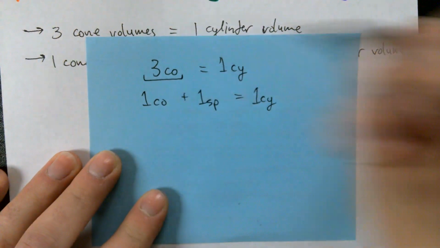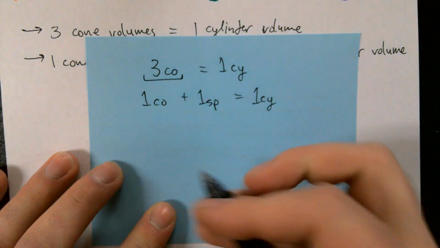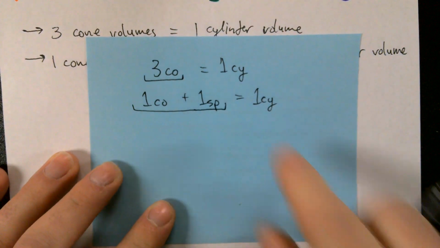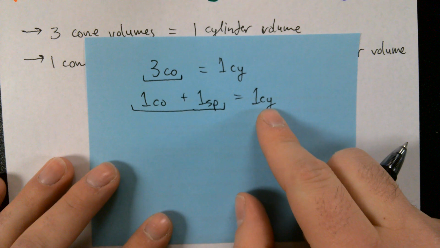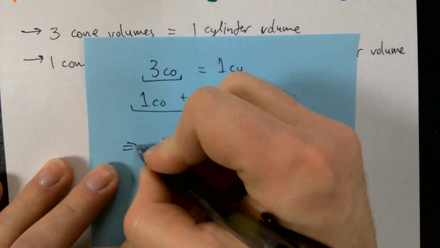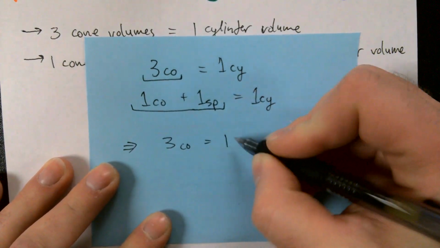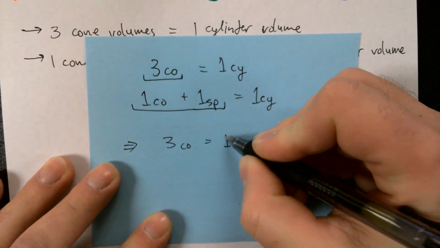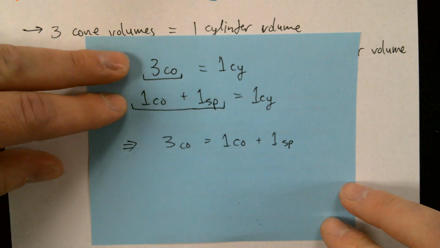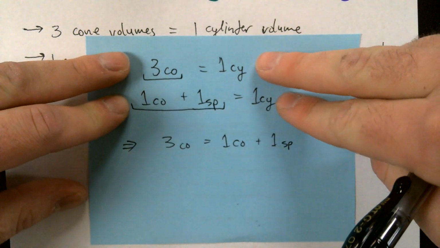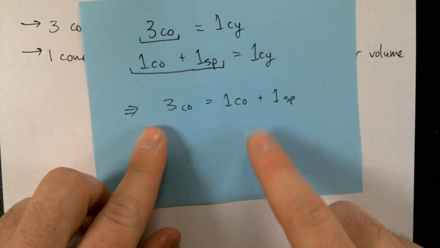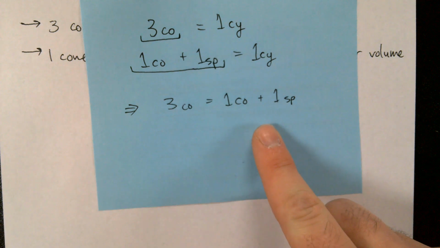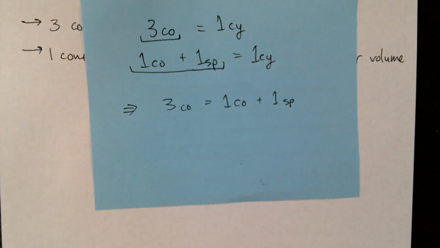So if 3 cones is equal to 1 cylinder, and 1 cone plus 1 sphere is equal to 1 cylinder, then 3 cones is equal to 1 cone plus 1 sphere. Right? If both of these underlined expressions equal the same thing, we can set them equal to each other. Give me a thumbs up if you see what I did there.